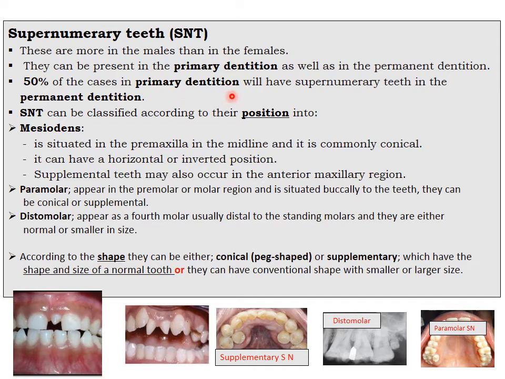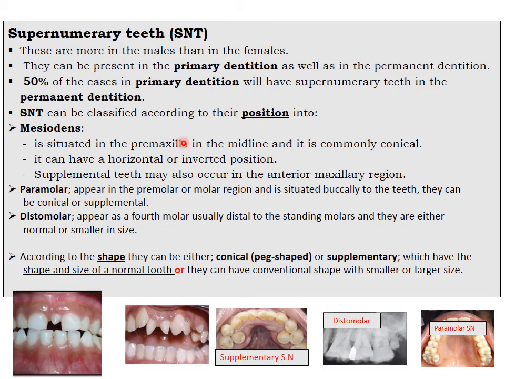It is situated in the premaxilla, in the midline, and is commonly conical. It can be horizontal, inverted or transverse, and there can be supplemental teeth, which may also occur in the anterior region. Supplemental means the tooth has approximately the same shape as the permanent one.